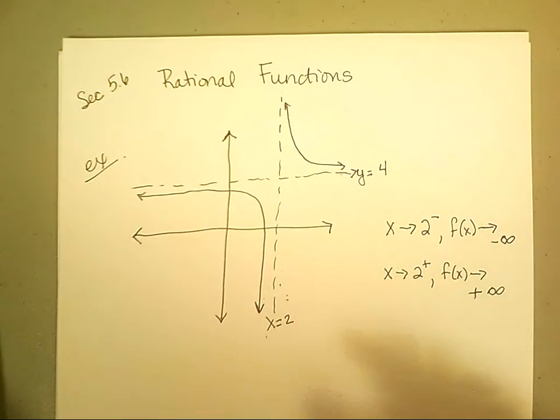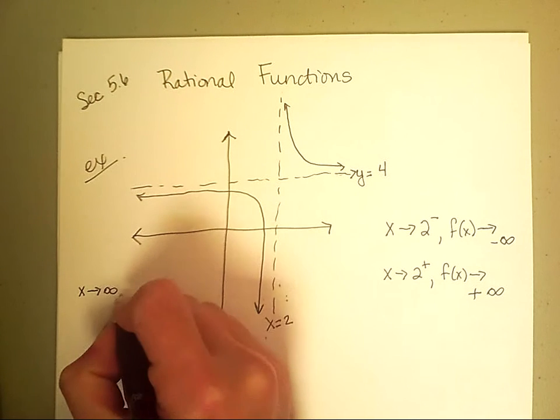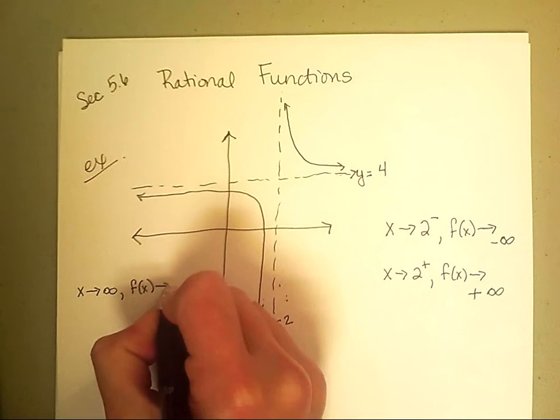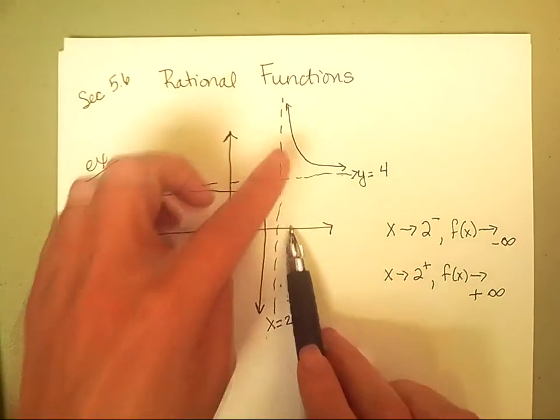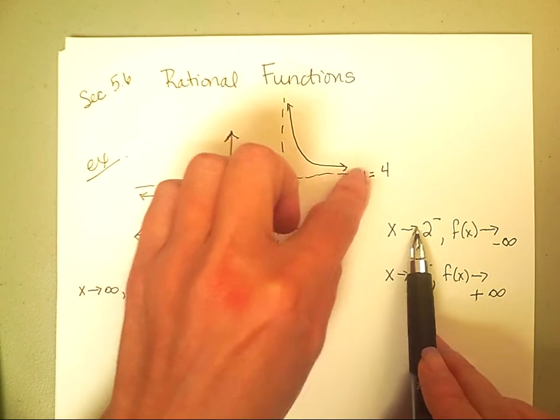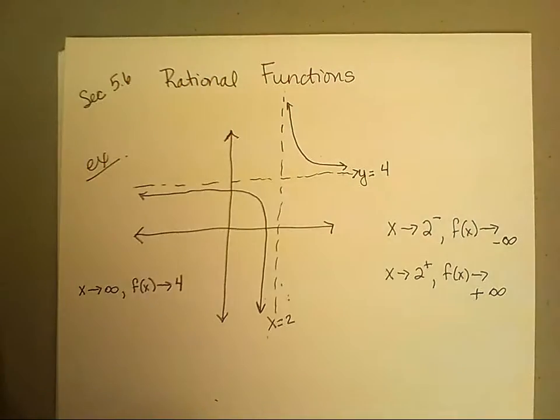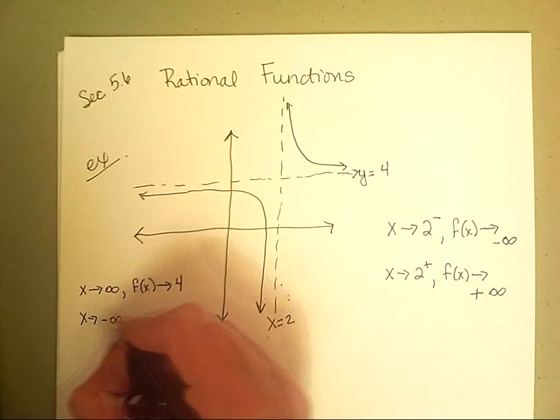Then we also like to ask ourselves what happens as x is getting extremely large. That is, what's happening as x gets very, very large, what is the function doing? So here's my values of x going to infinity. As I head to infinity, these y values are bounded here by this line y equals 4 because it's an asymptote. And we could also ask about what's happening as x goes to negative infinity.